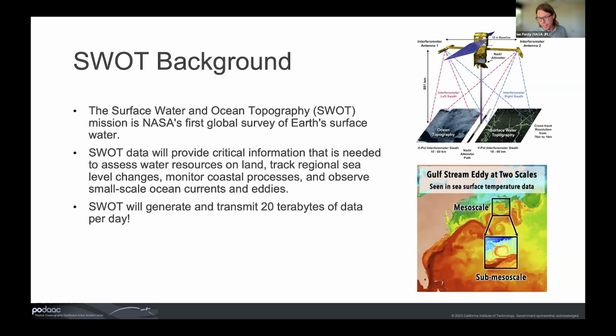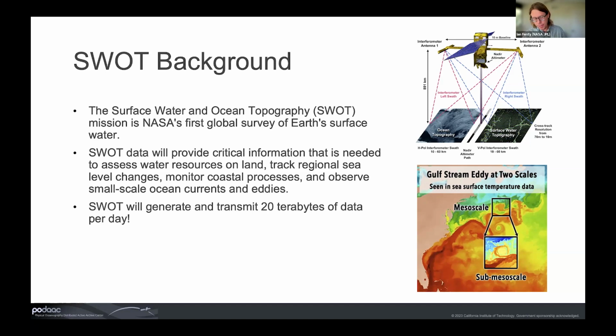SWOT also very obviously has some potential for use on ice research, sea ice and glaciers, although those two topics didn't seem to be as highly promoted on the liquid water part of this mission. But what I've seen of SWOT on sea ice and on glaciers is astonishingly cool.